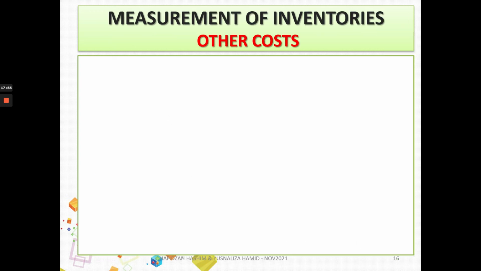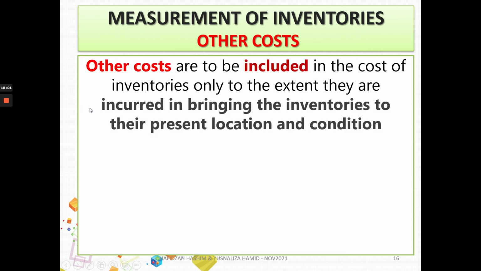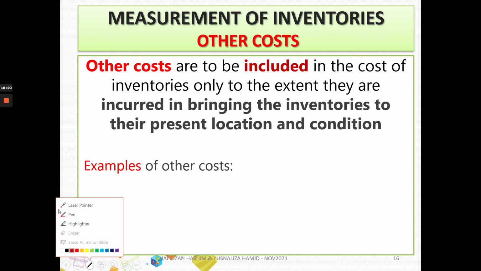So we have also some other costs that are also part of the cost of inventories, which are those to the extent being incurred in bringing the inventories to the present location and condition. What are these costs? What are the examples of the costs?